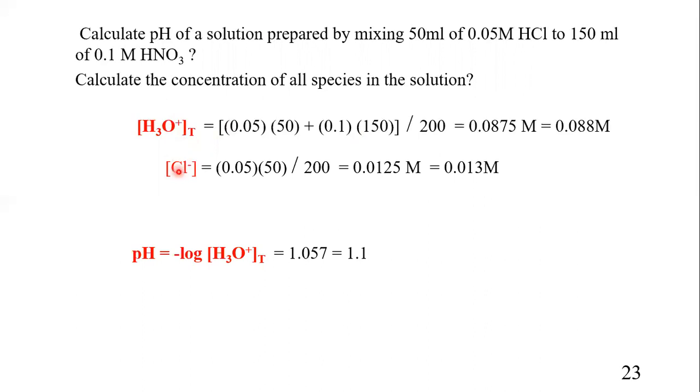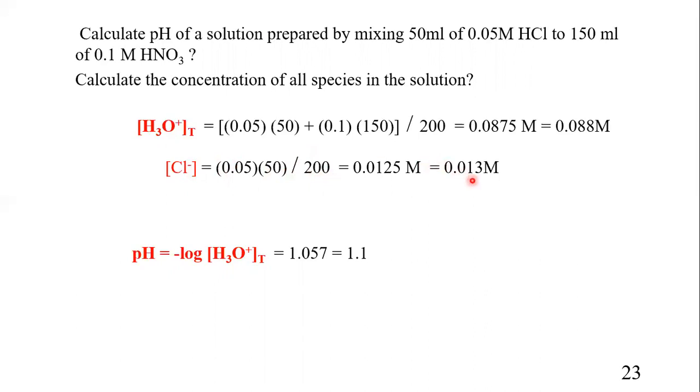We can also get the Cl- on its own because that just comes from the dissociation of the strong acid, HCl. So that's going to be 50 mL times the concentration, 0.05, divided by 200. Why 200? Because even if I just have the Cl-, the total volume of solution is 200.